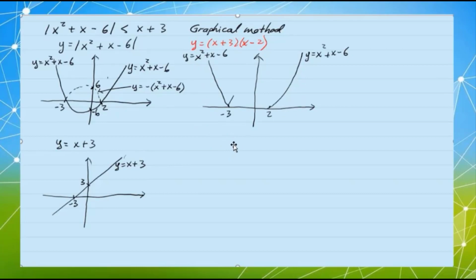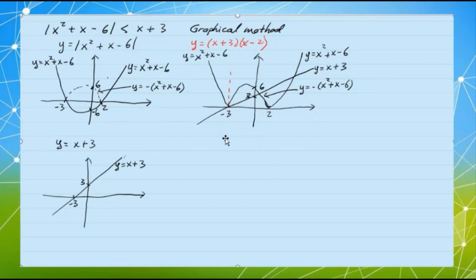As for the part after reflection, we label it as negative x squared plus x minus 6. Now we put in y equals x plus 3. So this is the linear graph, y equals x plus 3.